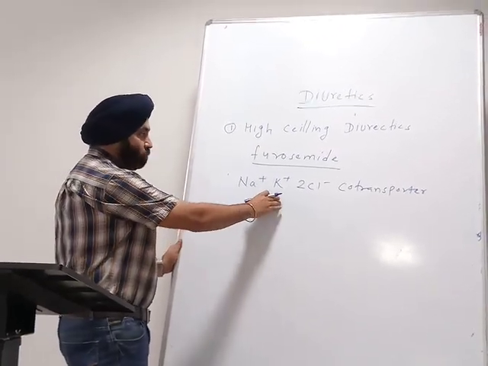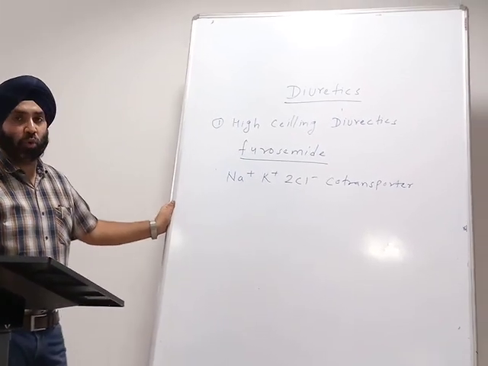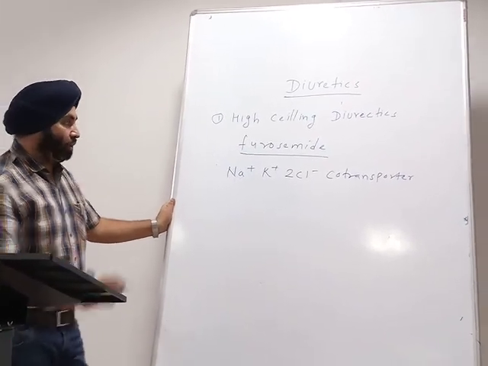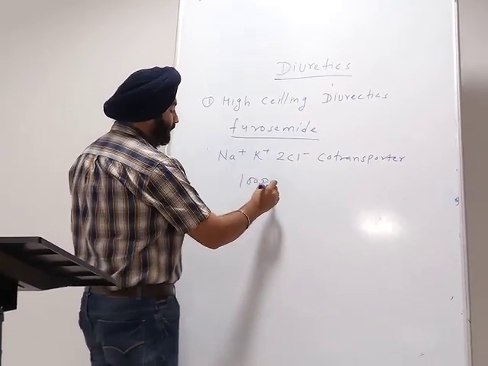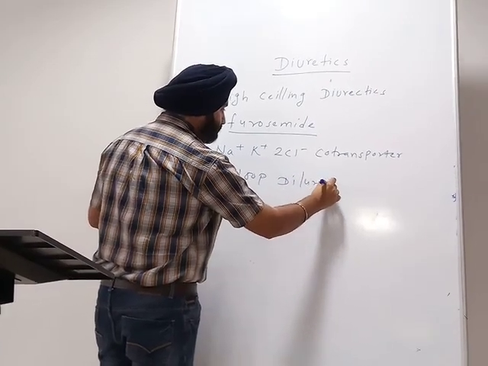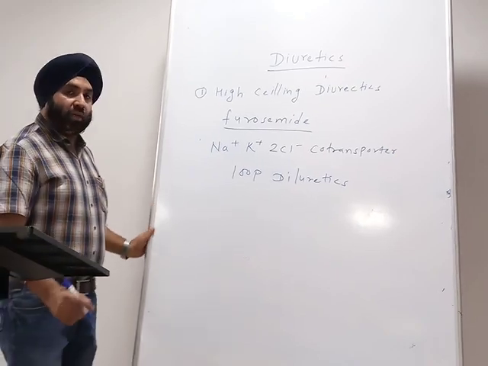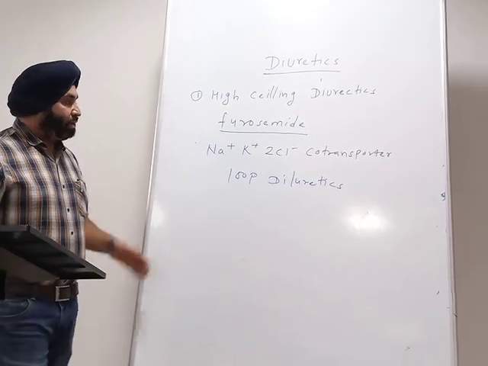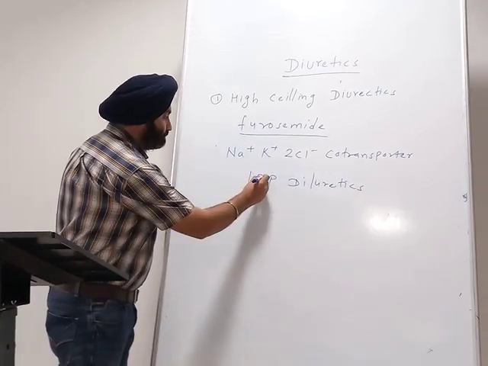They inhibit this co-transporter and increase the sodium, potassium and chloride excretion in the urine. As they work on the loop of Henle, they are also known as loop diuretics. They can be given orally as well as IV, in both ways.